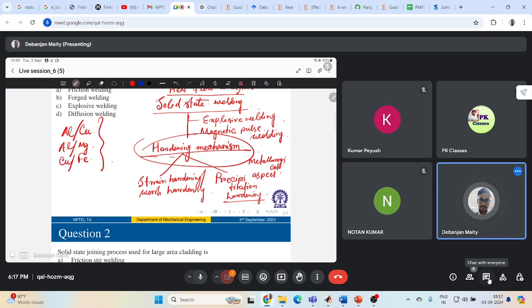So mostly whenever dissimilar materials are involved, and whenever you want to join a large area, mostly on a flat surface, explosive welding will be involved.